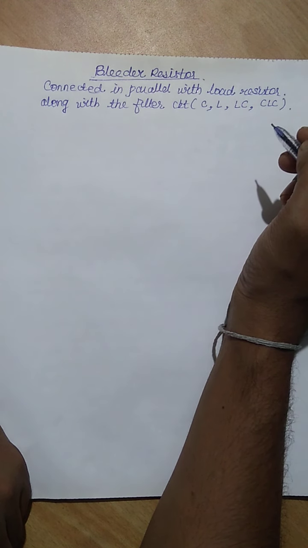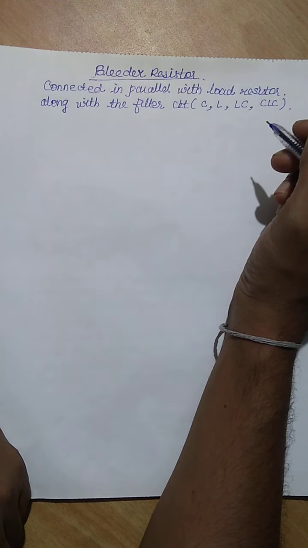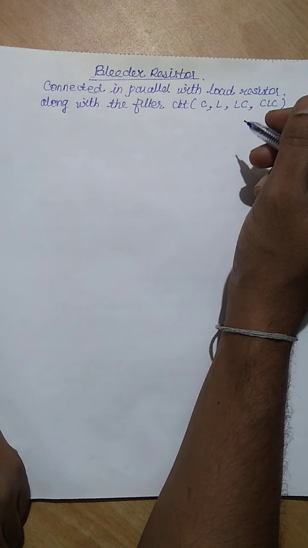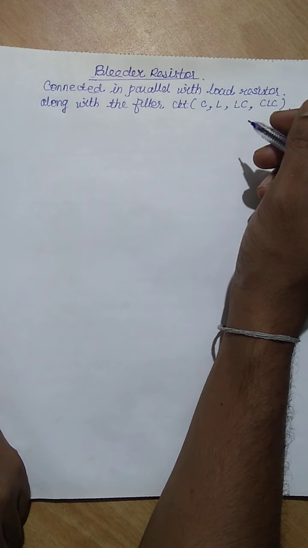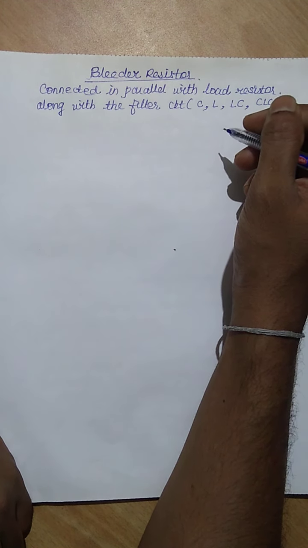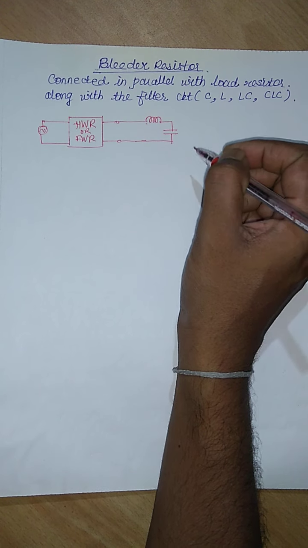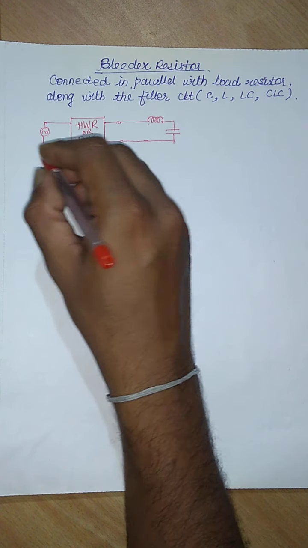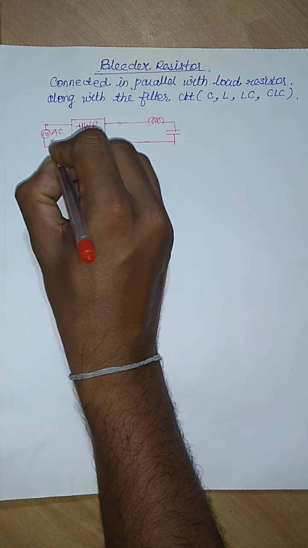Now, why is this bleeder resistor connected across the load and what are the main advantages of connecting this bleeder resistor with the load? So here in this block diagram, I have shown AC input.